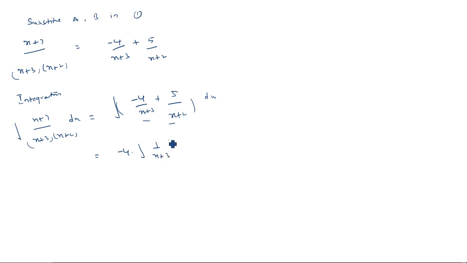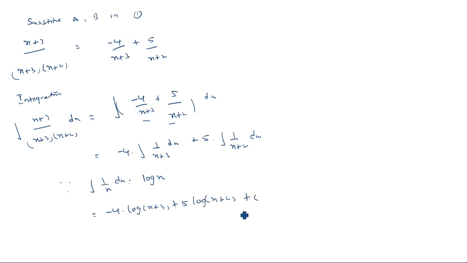Here the constant terms will be taken outside of the integration. So we know that integration of 1 by x into dx is nothing but log x. In the same way, it can be written as minus 4 into log of (x plus 3) plus 5 into log of (x plus 2). After completion of this integration, add c.